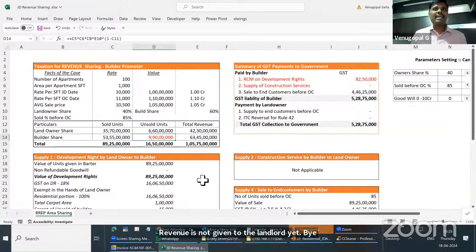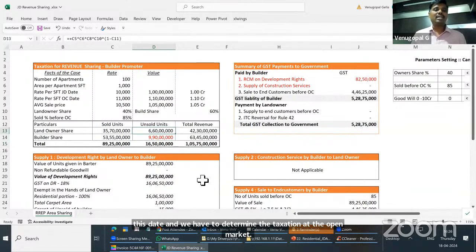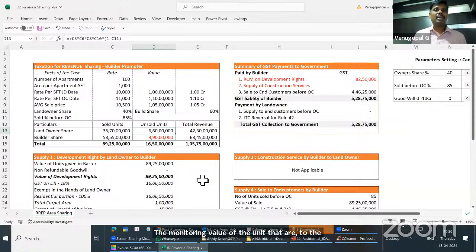However, we are assuming that these are sold on an as-is basis, since the project is getting completed on this date and we have to determine the taxation at the open market value. The monetary value of the units akin to the landlord and the builder will be 6.6 crores and 9.9 crores. Now, the base is this.